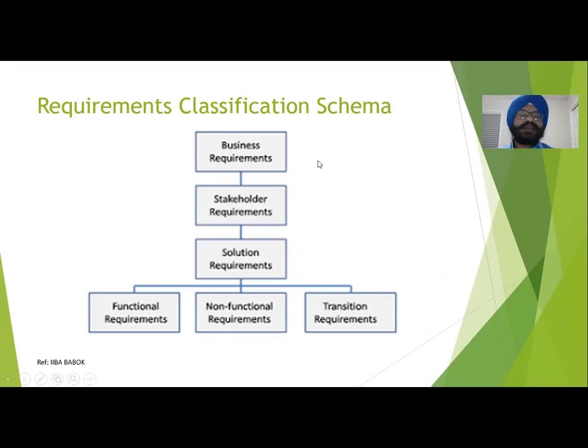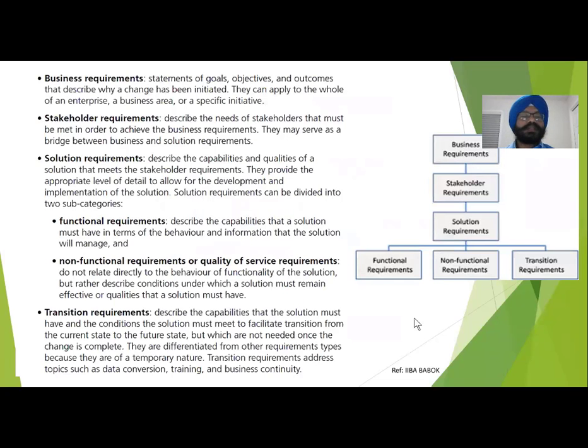And they classify the requirements like this: business requirements, stakeholder requirements, solution, functional, non-functional, and transition requirements. What exactly those are, this is where we are talking about. In this one, see in this one, business requirement, I don't know how I should get rid of this one. Okay, yeah, good. Business requirements.